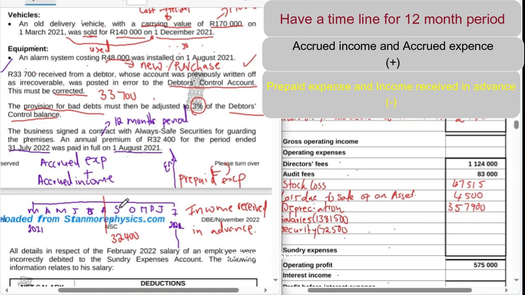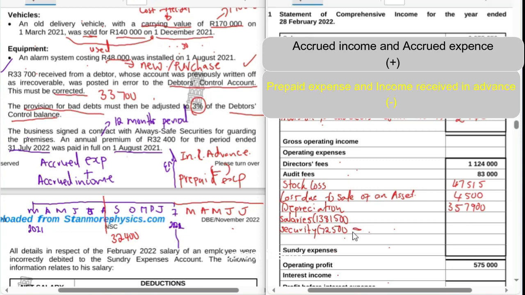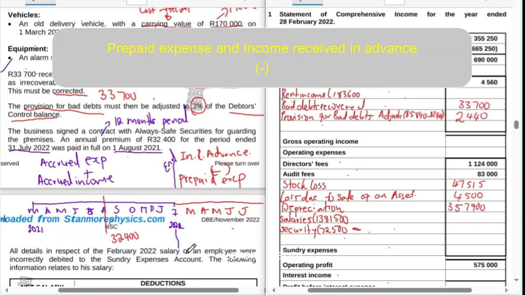August, September, October, November, December, January, February, March, April, May, June, July. So now we know that the sign that we need to use is a negative sign for the security alarm, so we need to subtract. We need to show a negative sign because now it's beyond our financial year, because it was paid till July. So it's beyond our financial year.